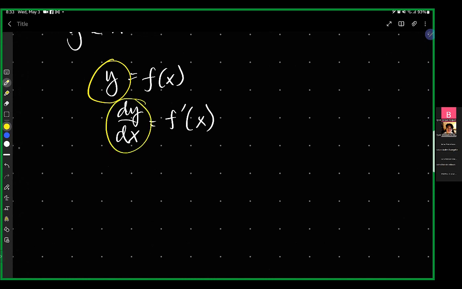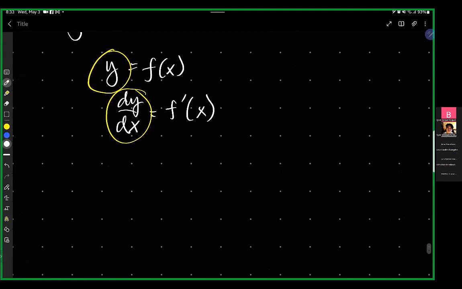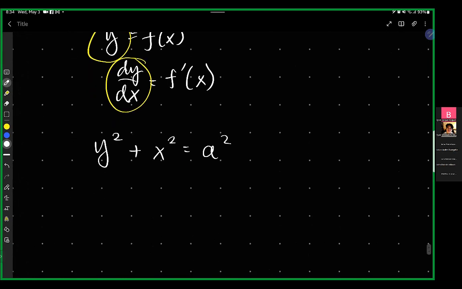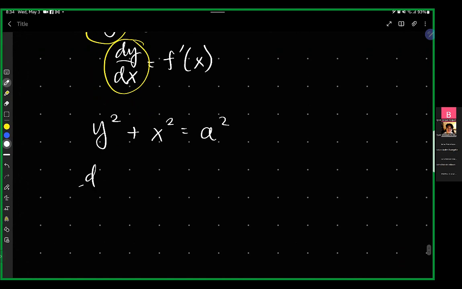Okay, remember that. Okay. So let's say we have y squared plus x squared equals a squared. So when we say we want to find the dy dx for this equation, we apply the derivative operator on both sides. Okay?